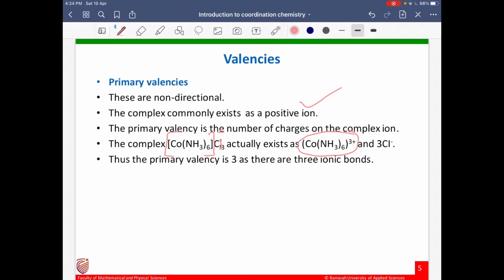So we can see that the portion in the square bracket is converted into a single ion, and the remaining are 3 chloride ions. Here the negatively charged chloride ions are 3. So we call the primary valency for this compound 3, because it has 3 ionic bonds.